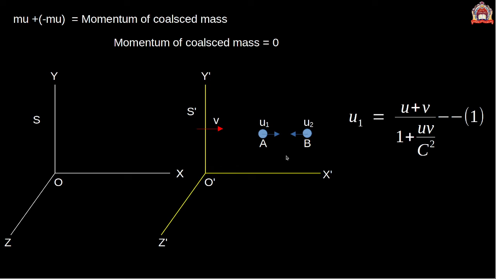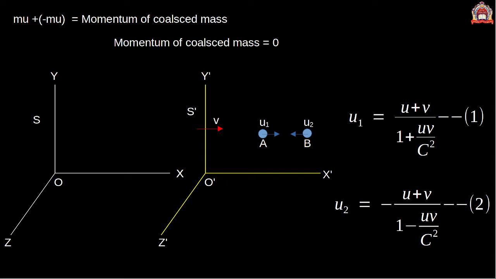Similarly, for u2, the negative sign is there: minus u plus v divided by 1 minus uv by c square. After collision, the velocity of the coalescent mass is v relative to the frame S.